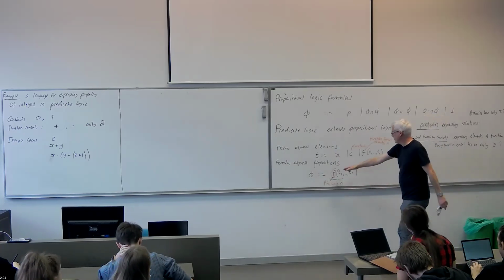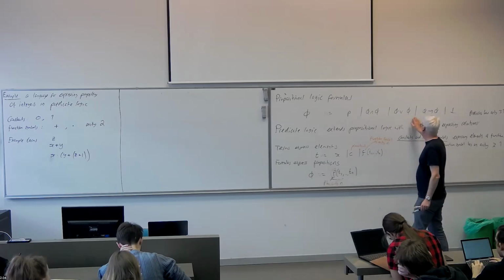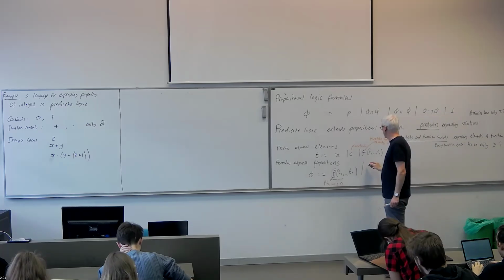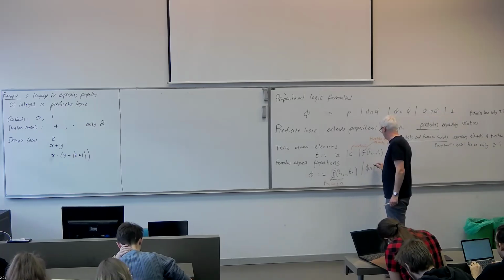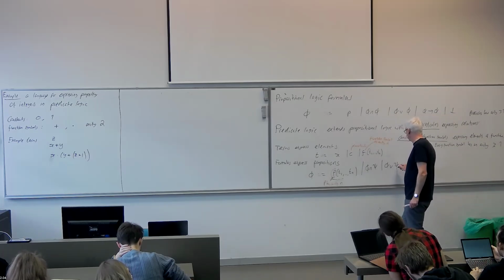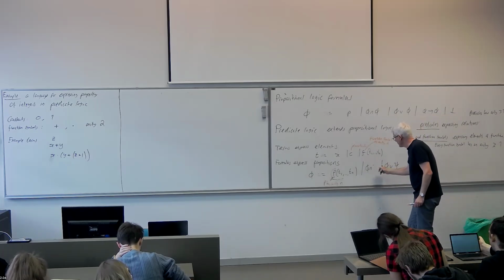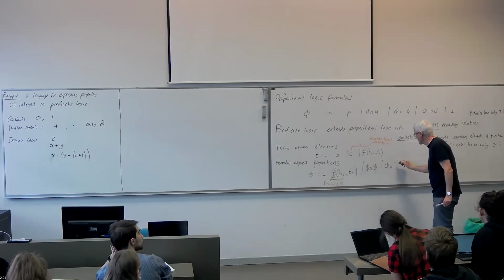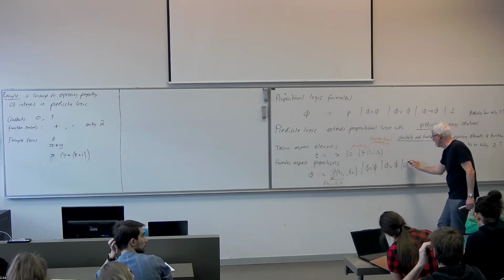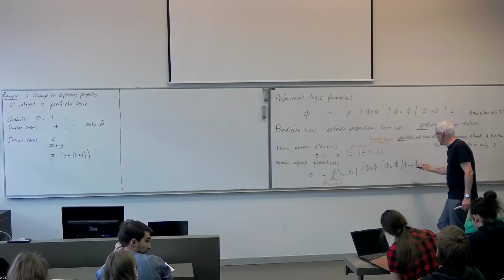Then once we've got our atomic formulas, we can combine them using the propositional connectives. Sorry, it's a grammar, so we just say it's a conjunction of two formulas, a disjunction of two formulas, an implication between two formulas.